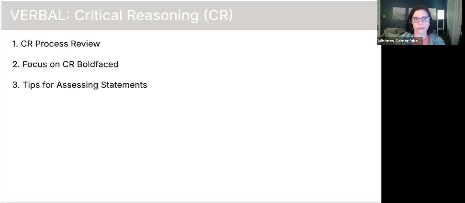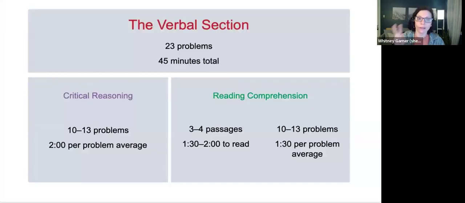So a little friendly reminder about the GMAT. The GMAT Focus has 3 sections: verbal, quantitative, and data insights. Within the verbal section, there are 2 question types: standard time, 45 minutes to answer 23 questions, where you have about a 50-50 mix of critical reasoning and reading comprehension.